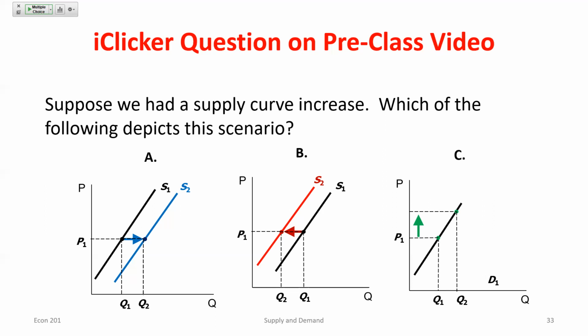So at any given price, so we could choose this price, quantity supplied after a supply increase would be, let's hope this color works better. There you go. A higher quantity supplied. Up here at this price, an increase in the quantity supplied, now it's out here. And I would have that at every single price, so that my new supply curve, or this increase in my supply curve, is like a shift to the right.